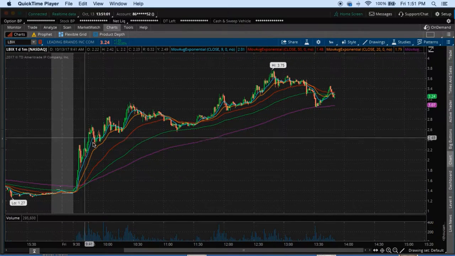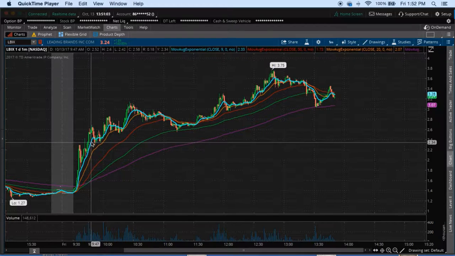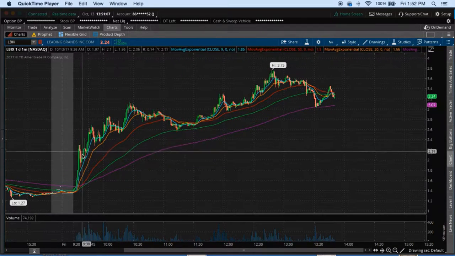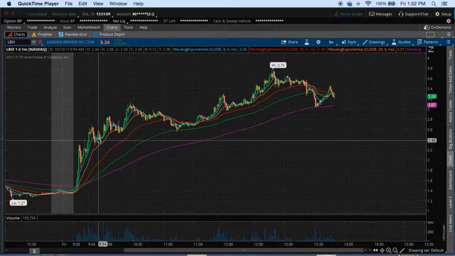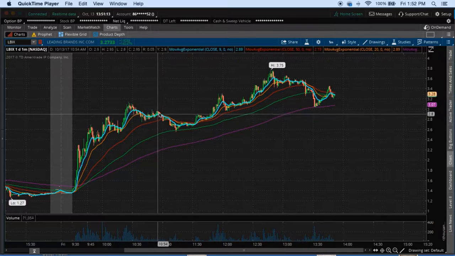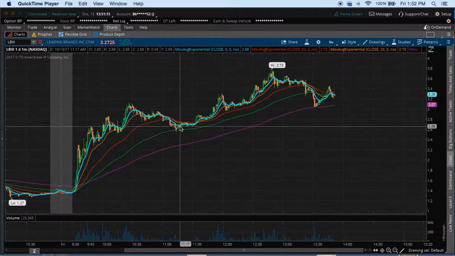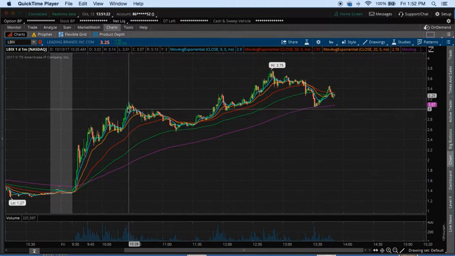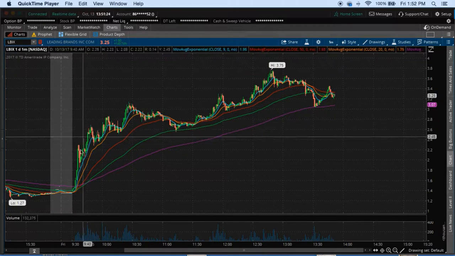If I were to turn this blue line into a 1-day moving average, then it would literally follow exactly the same direction as the stock, because it's calculated for the average movement of the stock for 1 day. So it's going to do the same exact thing as the stock is doing in that day.